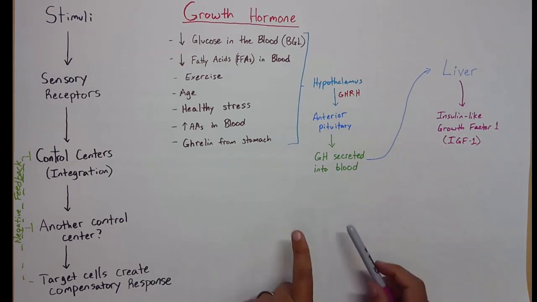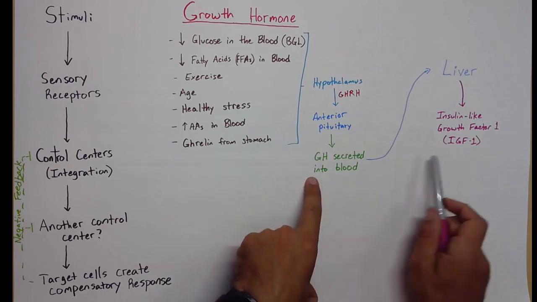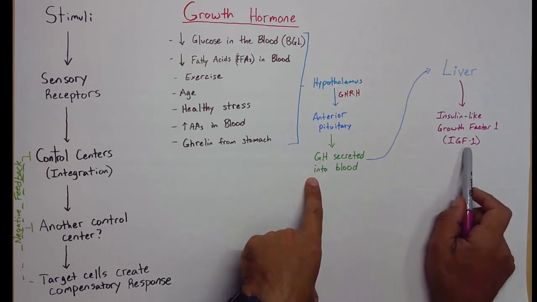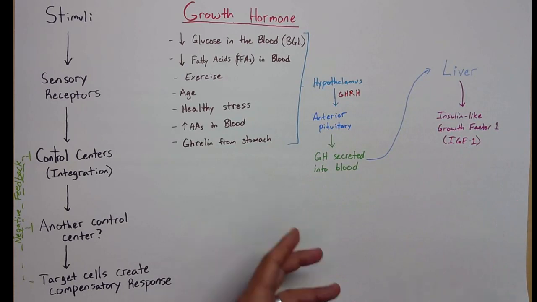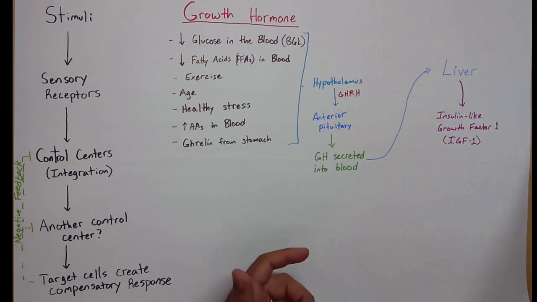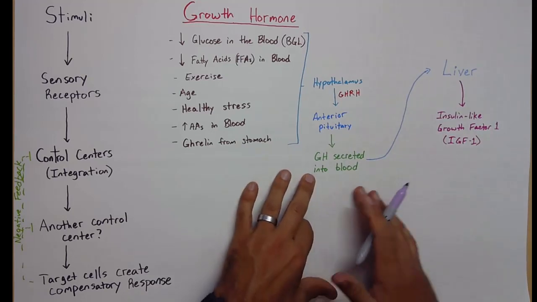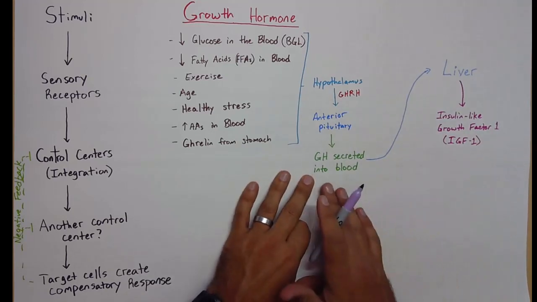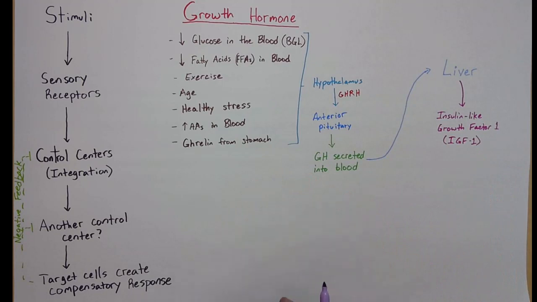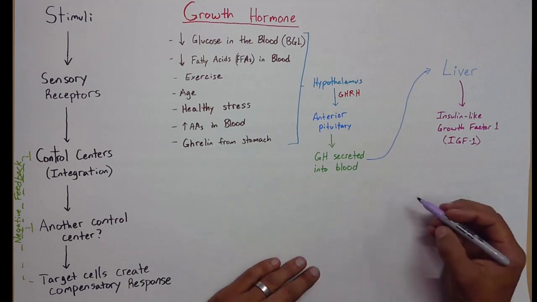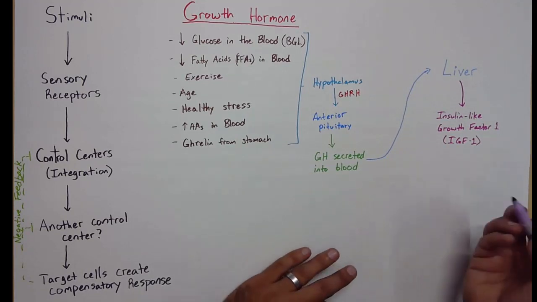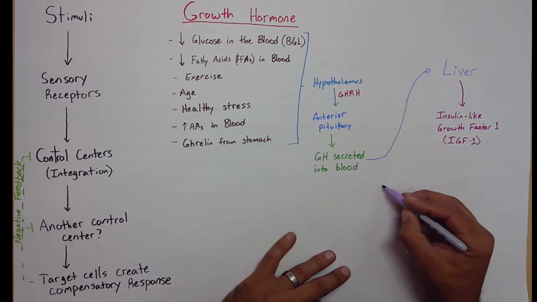We need to be able to talk about growth hormone function and IGF-1 function at the same time, because these are going to be happening synonymously. So let's go ahead and talk about the first location where we're going to have receptors now for both growth hormone and IGF-1. And that location will be, let's start with the bones. It doesn't really matter where we start.